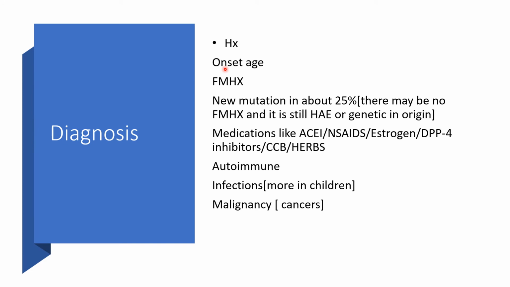Why that? Because acquired angioedema will present late. Okay? Then we move on. Any positive family history of this? If the answer is yes, it might be hereditary angioedema types 1, 2, or 3. But we will not lose sight of the fact that there may be a new mutation in about 25% of cases, meaning there may be no family history, and this patient might be the first person to have it in that family.